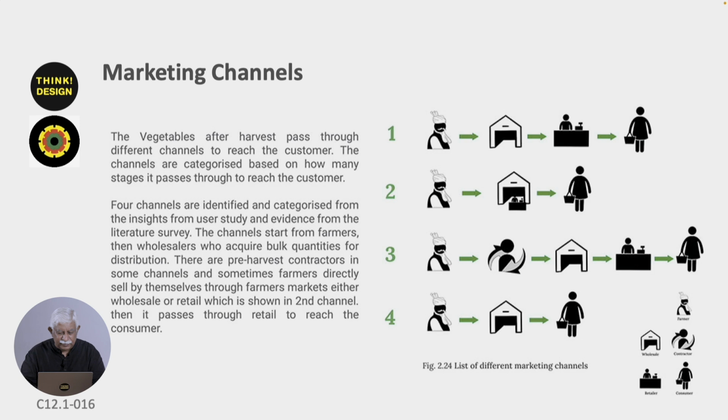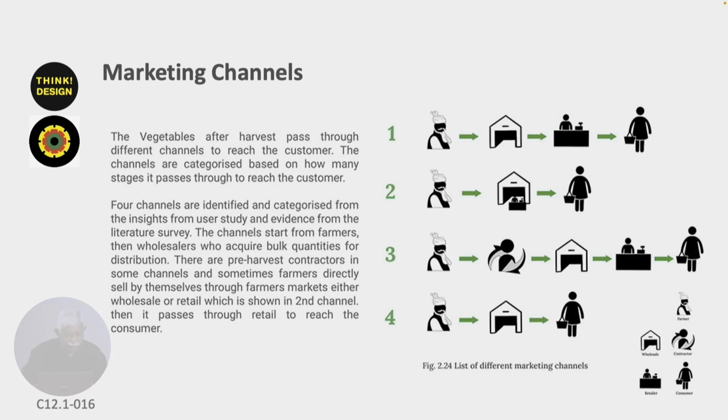Sometimes there is a middleman, or the shop, and then it goes to the consumer. Sometimes the farmer sells it directly in the marketplace and the consumer buys it from there. In a third case, a middleman stores it and distributes it to shops, and then the consumer goes there. So there are different methods by which vegetables are transported from the farmland to the shop and finally to the consumer.